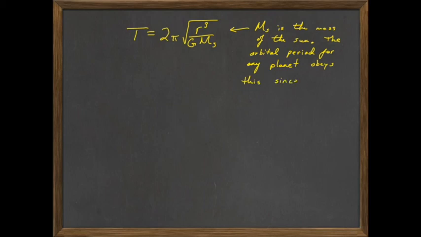So I'm going to take those two numbers, the orbital period and the orbital radius, and put them on the same side of the equal sign, because those are the two properties that are dependent on the planet that's in orbit.